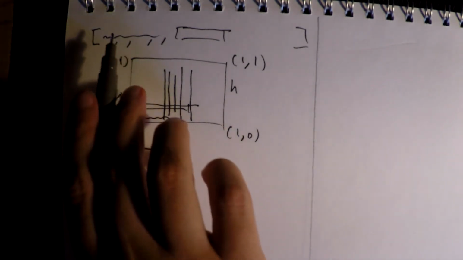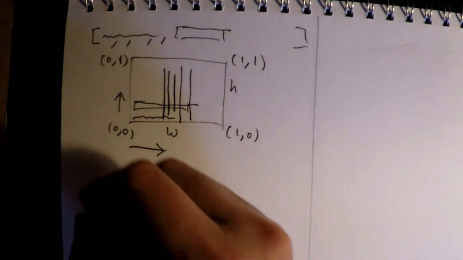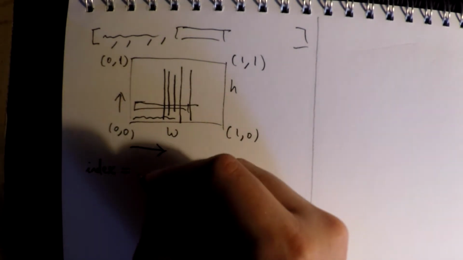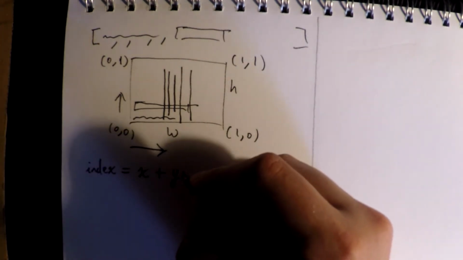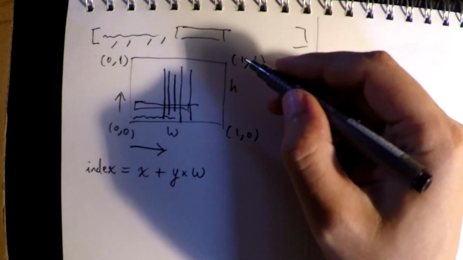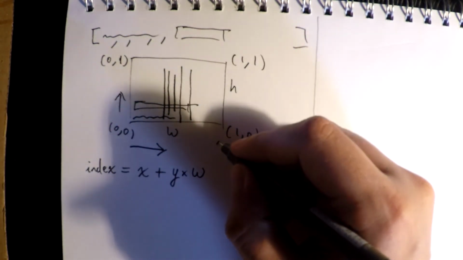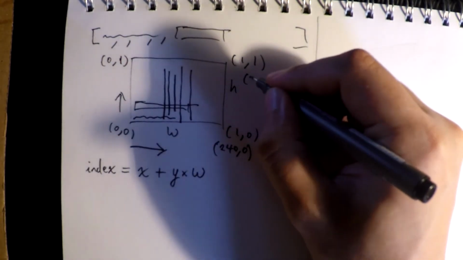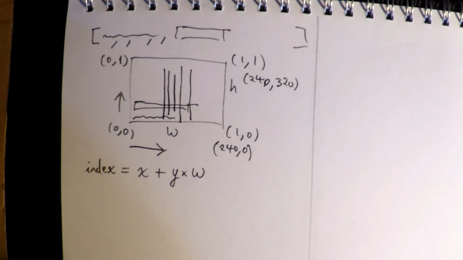To start with, to access the XY pixel of this element, we have the X coordinate plus the Y coordinate times the width, something like that, because this is our texture coordinate system, but really we've actually got numbers, so we'd have something like 240 across, and then 320 up, something like that.